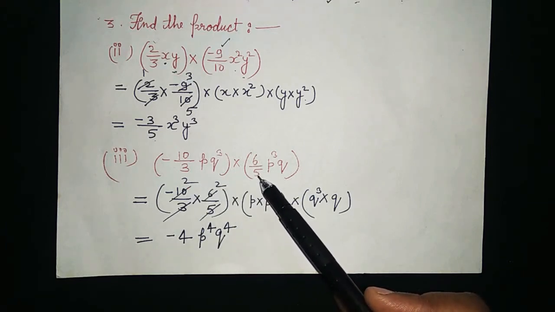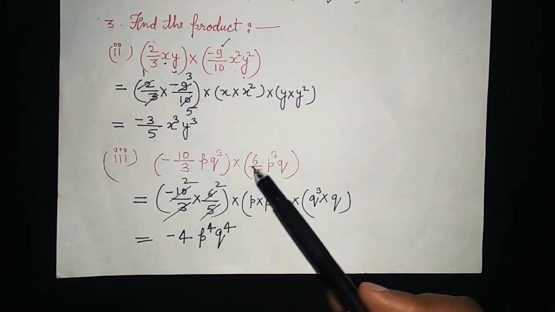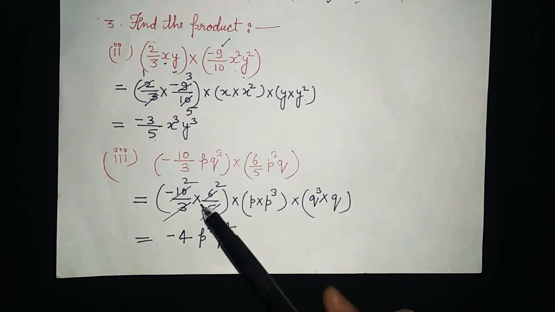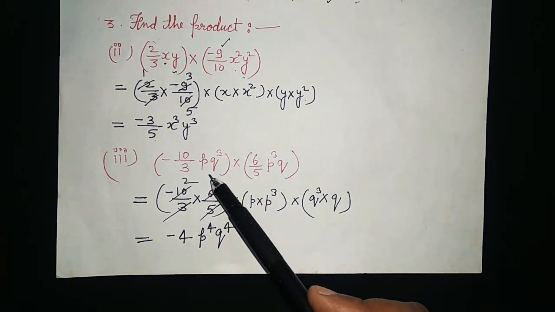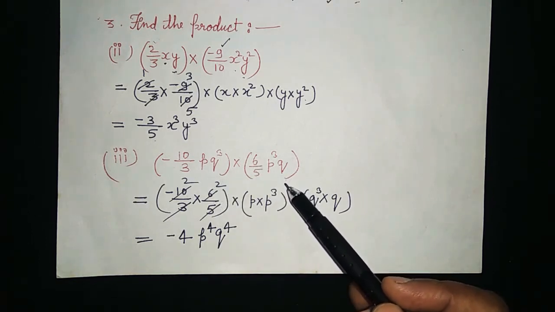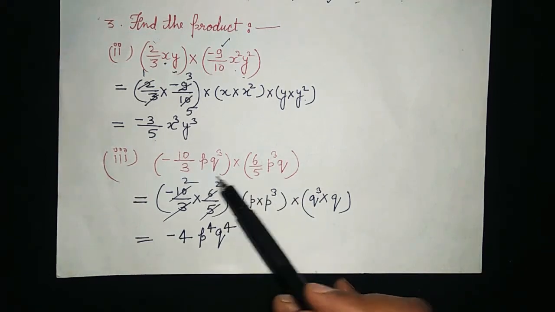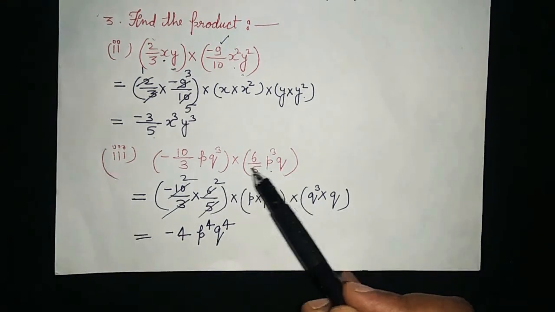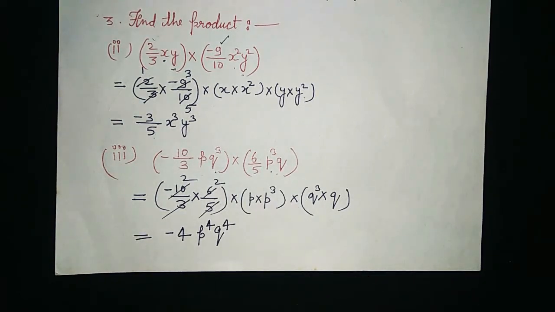We will multiply the numerical coefficients first. So minus 10 upon 3 into 6 upon 5 we will write. After that we will write the literal factors of the variable parts. P into p cube, this and this. Then q cube and this q we will write.